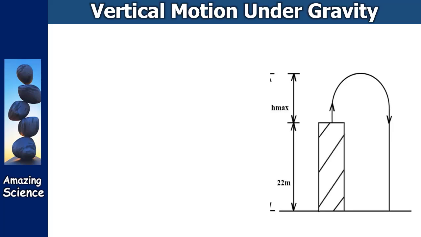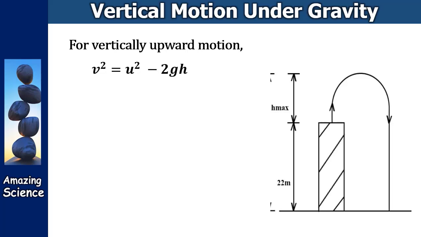Here, we are told to calculate the total distance traveled by the stone from that height to the ground. So in simple terms, we can calculate the distance covered from moving up and down to the hill and then add 22 meters to our answer, which will take us to the ground. For vertically upward motion, the distance traveled can be expressed as v squared equals u squared minus 2gh.